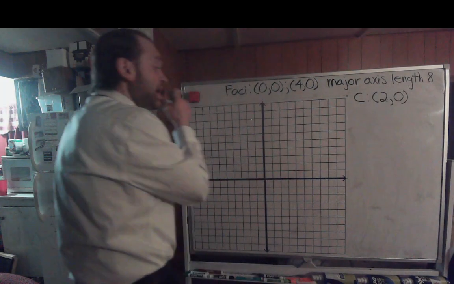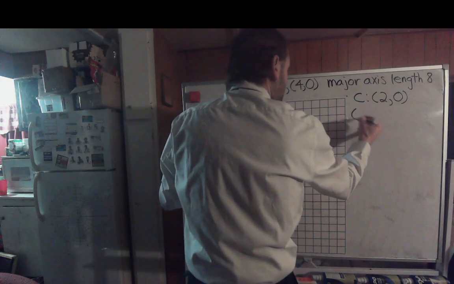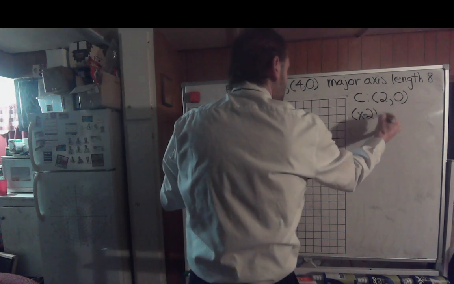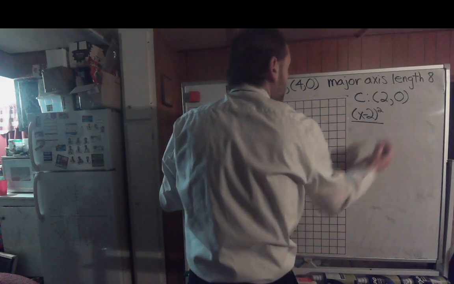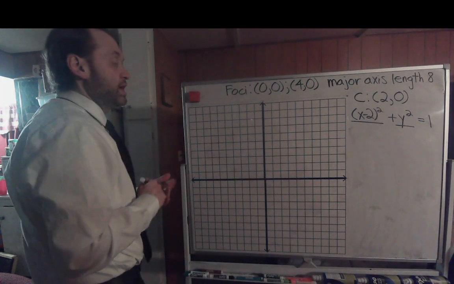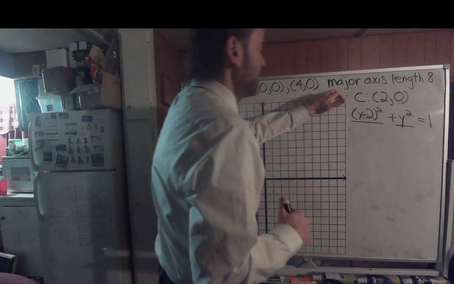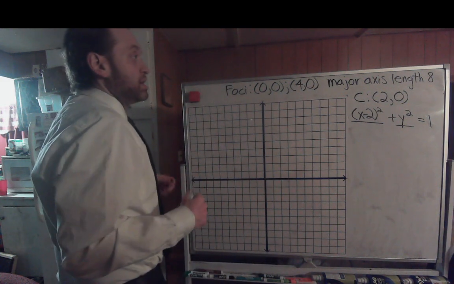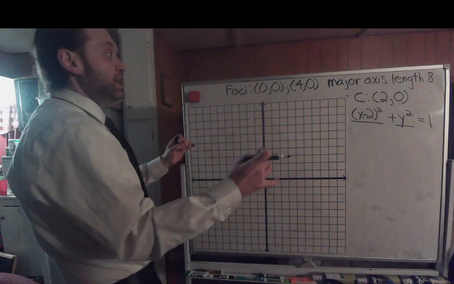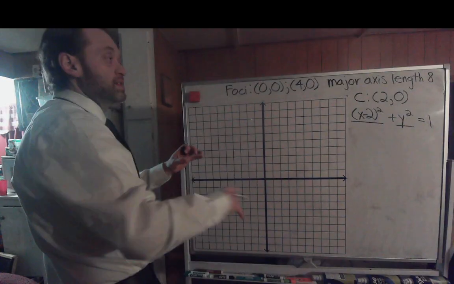Easy enough. Now we can start with x minus 2 squared over some number plus y squared over some number equals 1. This is where we have a bit of a puzzle. The major axis is length 8, from one end of the x-axis to the other, the whole axis.